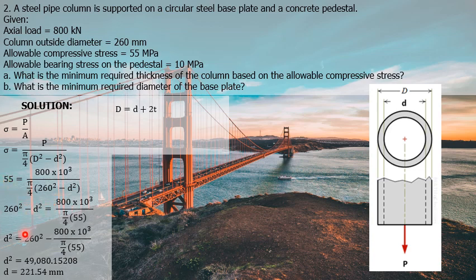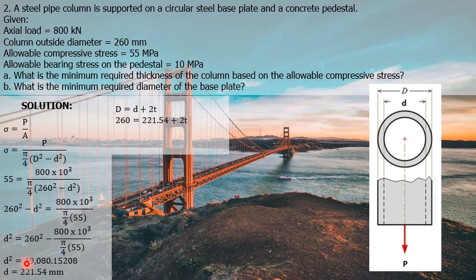So we have this result. Small d squared should become positive by transferring it to the right. And this one, we transfer to the left. So that we have this squared equal to 260 squared minus this value.